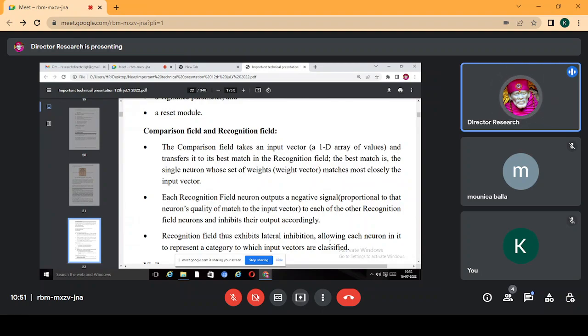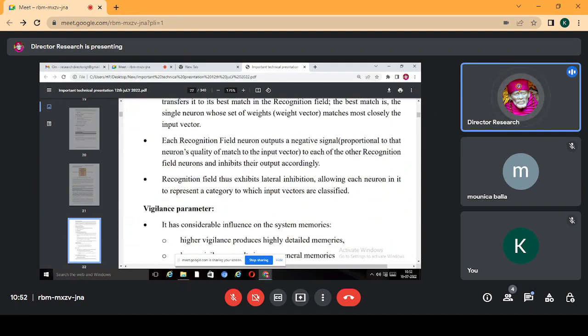The best match is the single neuron whose set of weight vectors matches most closely to the input vector. Each recognition field neuron outputs a negative signal proportional to the neuron's quality of match to the input vector to each of the other recognition field neurons and inhibits their output accordingly. The recognition field thus exhibits lateral inhibition, allowing each neuron in it to represent a category to which the input vectors are classified.